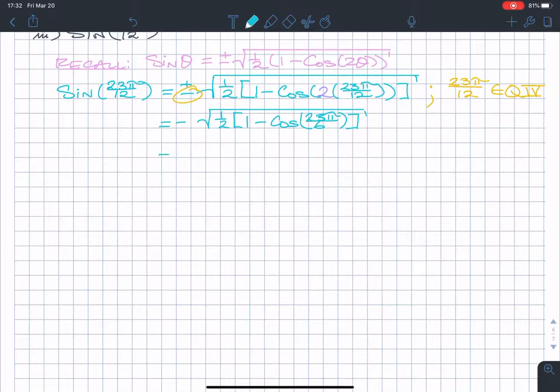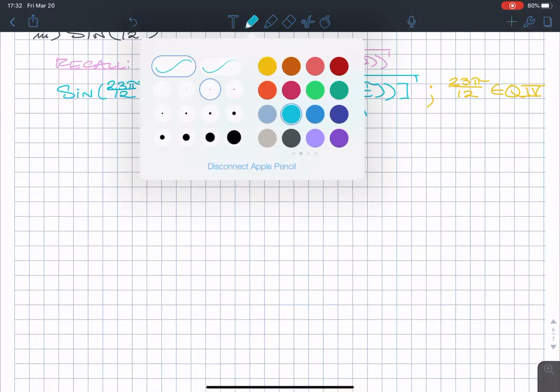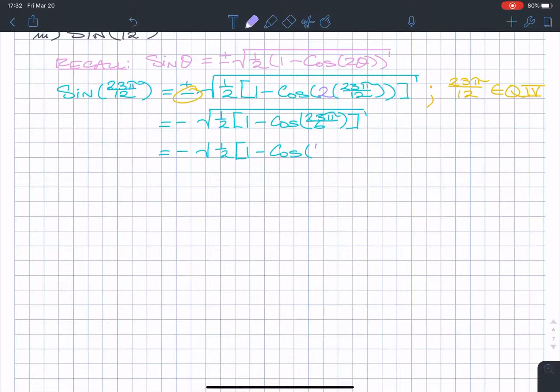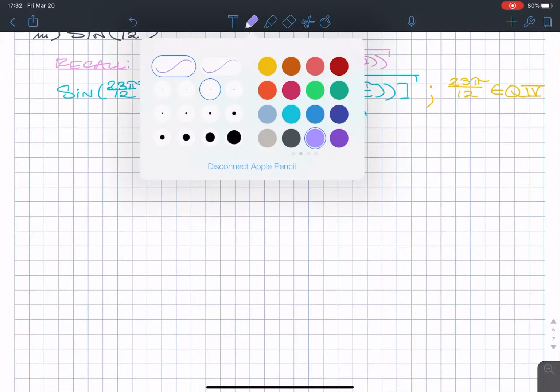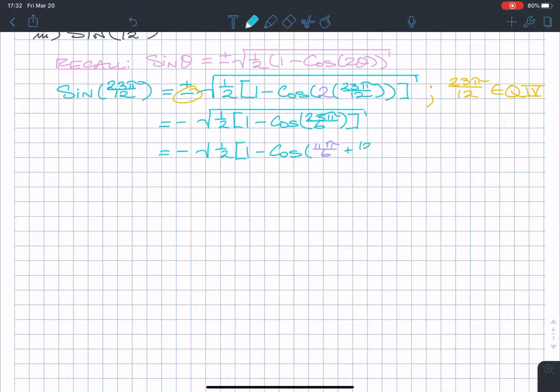So that is going to be, what is that going to be then? Well, let me break it up. So 1 minus cosine of, I claim that this is 11 pi over 6 plus 12 pi over 6, and 12 pi over 6, of course, is 2 pi, right?